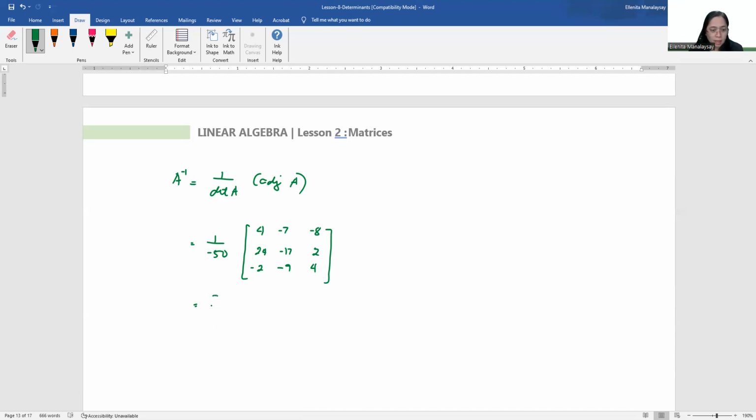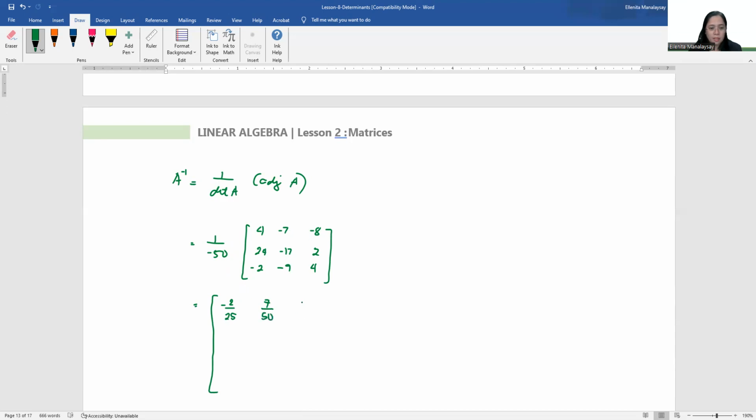So this is equal to, maybe I'll be needing a larger space here. 4 times negative 1 over 50, that is negative 2 over 25. And then negative, negative, positive 7 over 50.